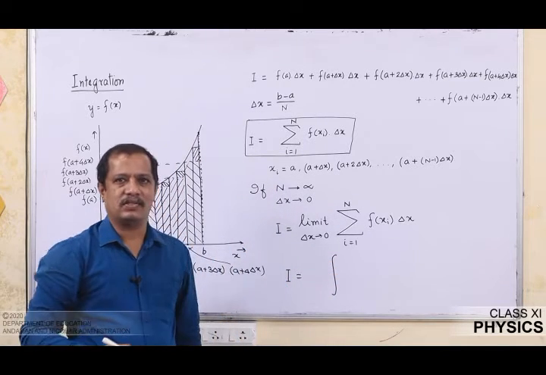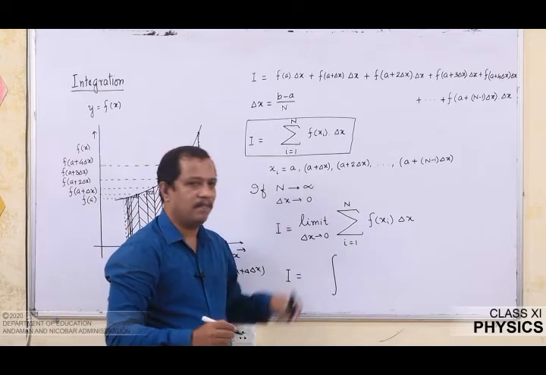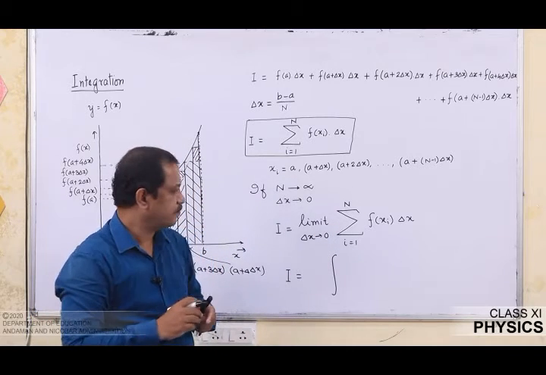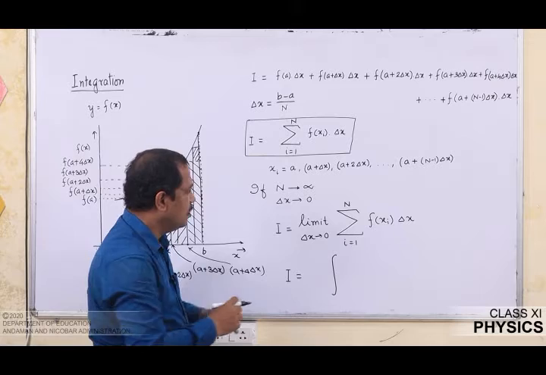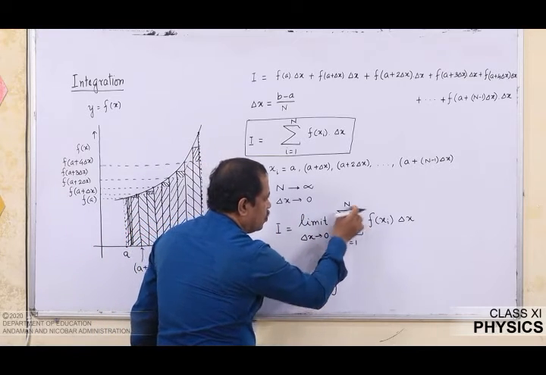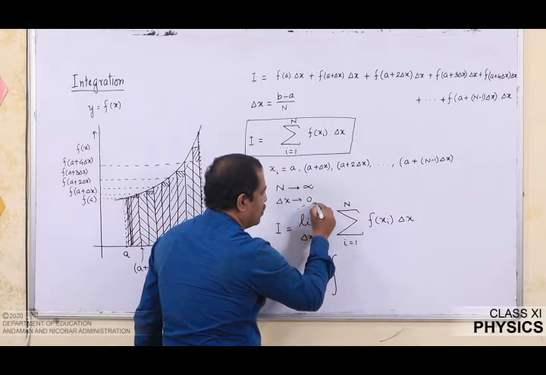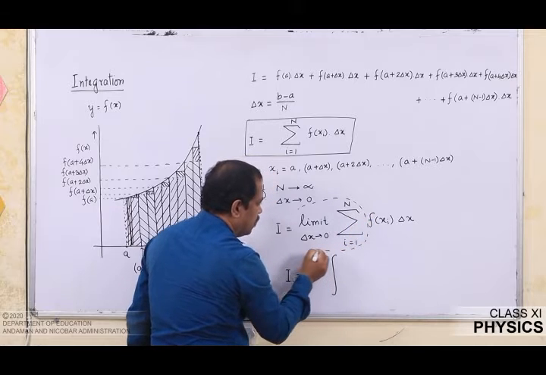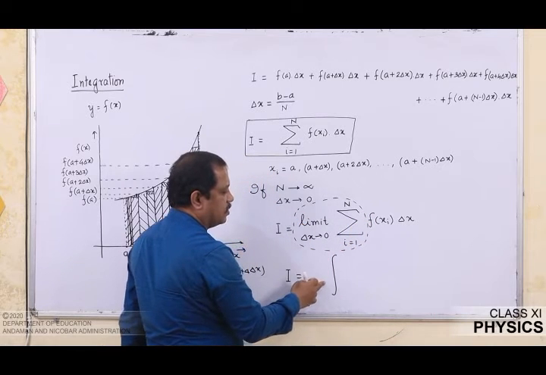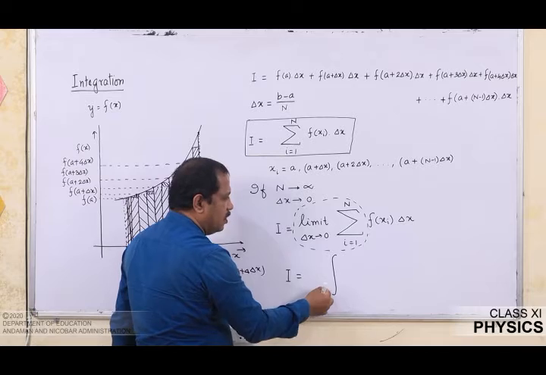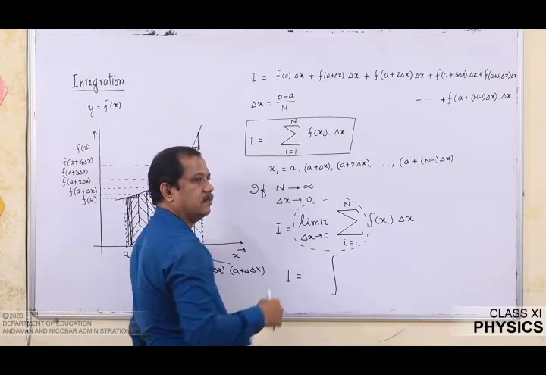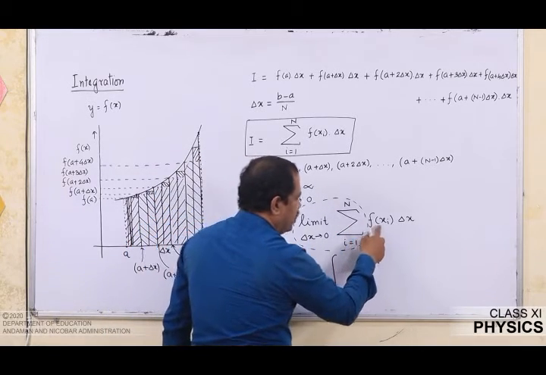The symbol is S, which is going to represent sum. So, it is an elongated S. If that is the case, then limit delta x tending to 0, this entire symbol is included within this. So, wherever or whenever you see this, it means that you have this much of information and you have f of xi.